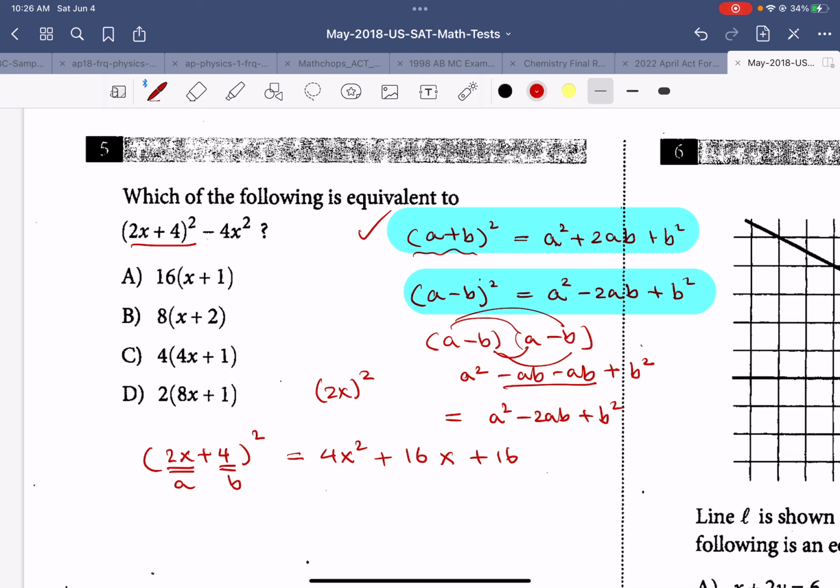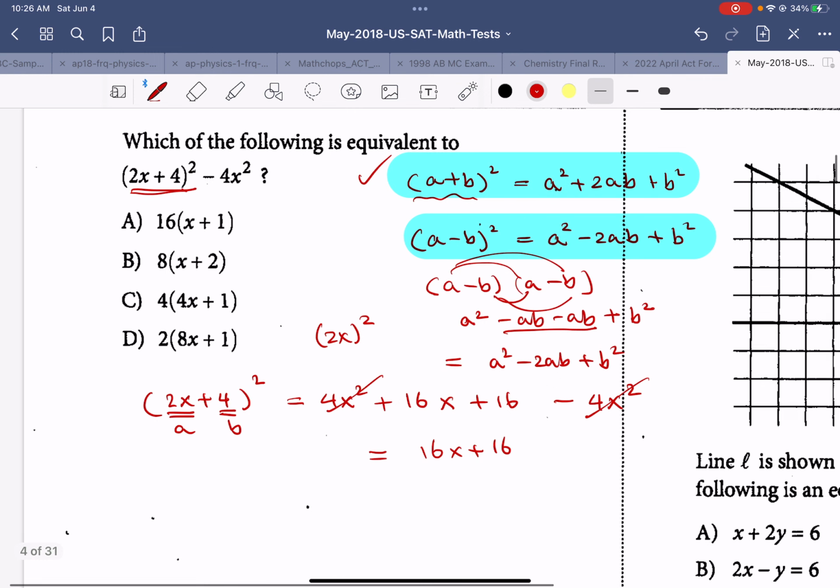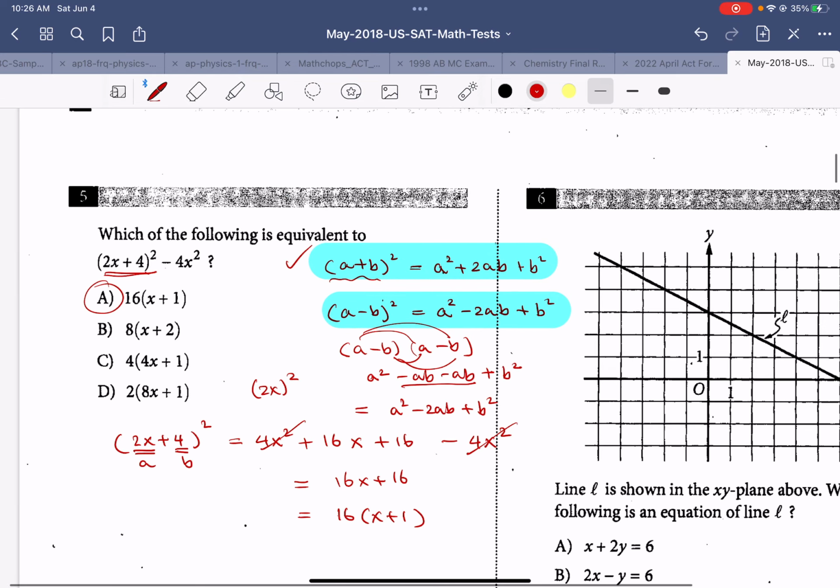Now, that was the first portion of that expression, and then that minus 4x squared, so it cancels out. That leaves 16x plus 16. Now, if you look at the answer choices, they factor it. When you factor out 16, 16 times (x plus 1), so the answer has to be A. Now, let's move on to number 6.